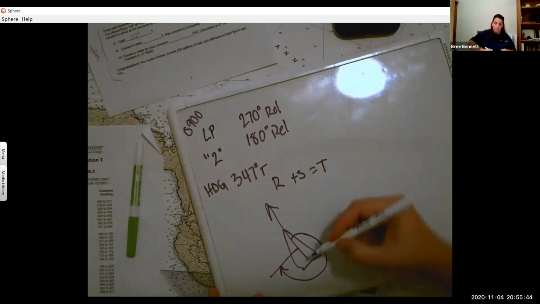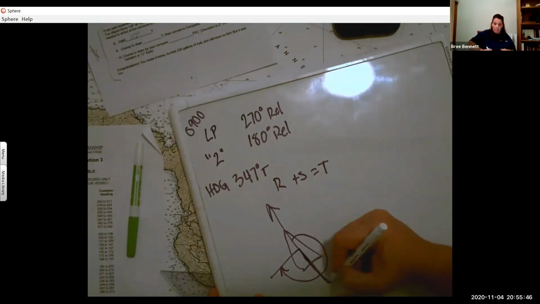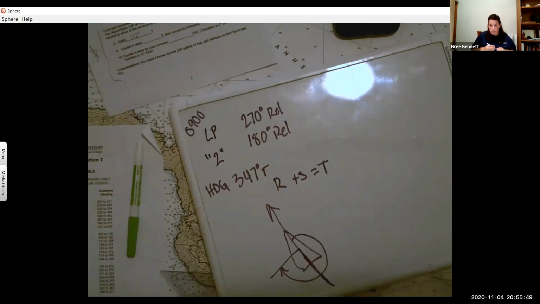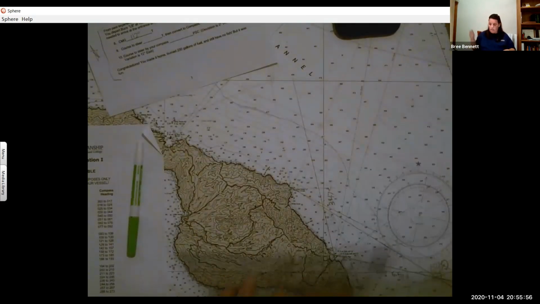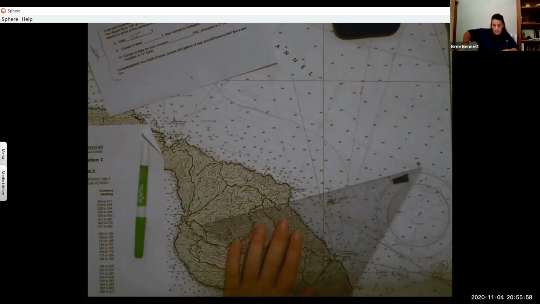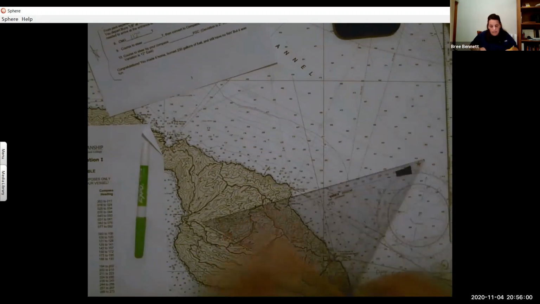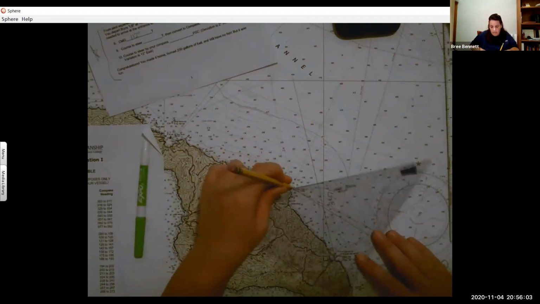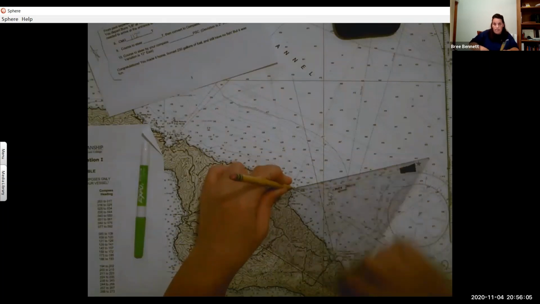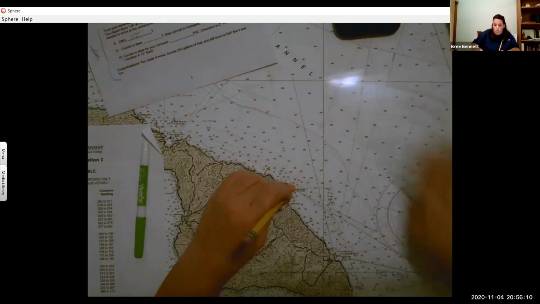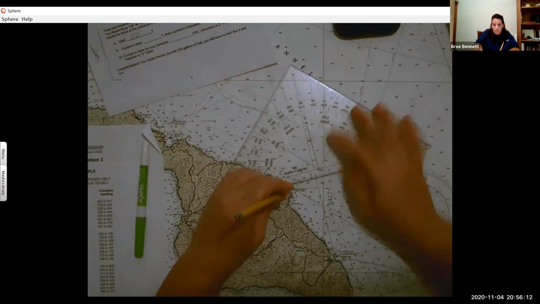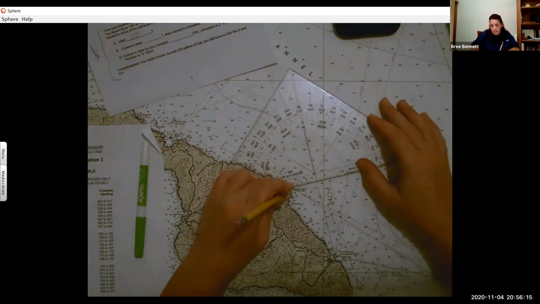And if something was relative 180, it would be directly astern of us. So I'm going to use that quick math here, and I'm going to put my pencil on Long Point. I'll do it this way so you guys can see it. So put my 90-degree line up on my heading line.